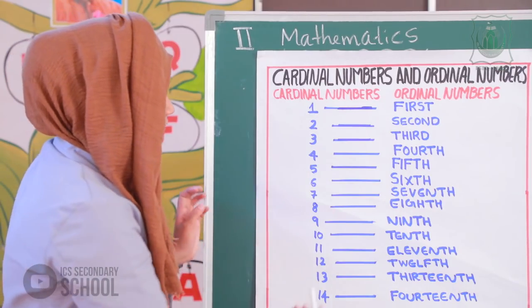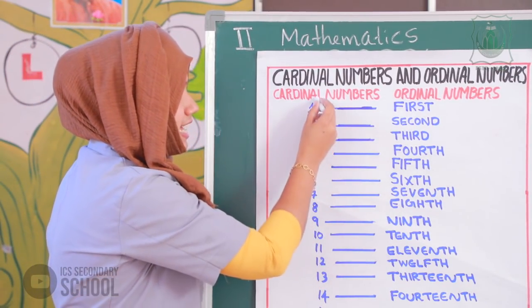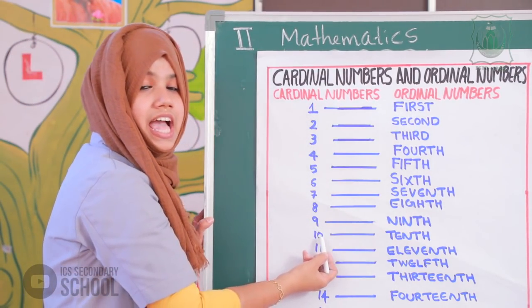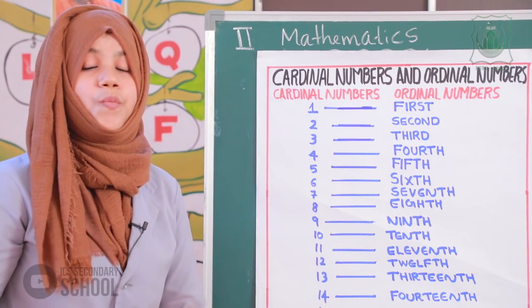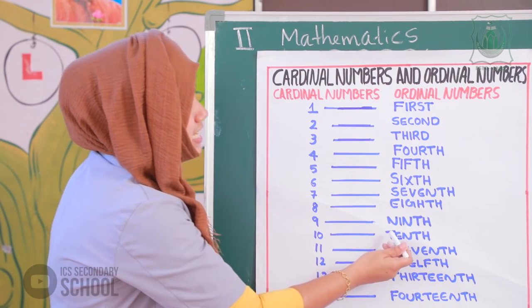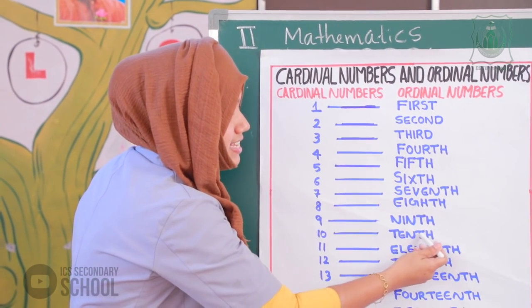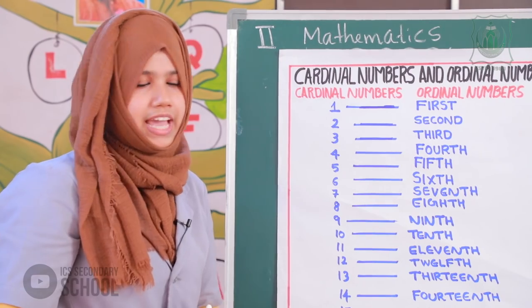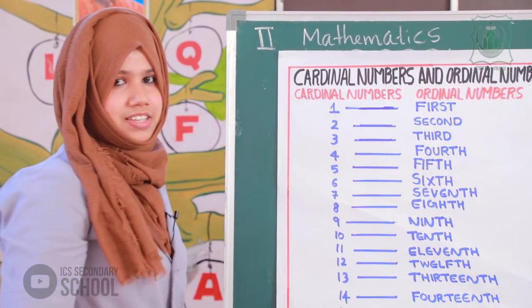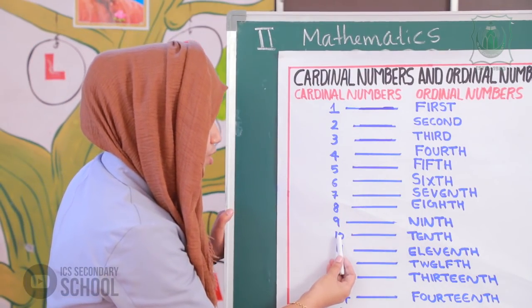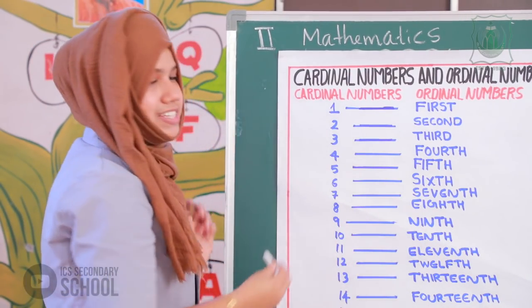Next, 10. 10 is the cardinal number and the ordinal number is 10th. What is the spelling of 10th? T-E-N-T-H. Okay. So next is 11.